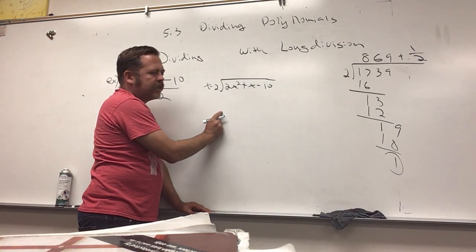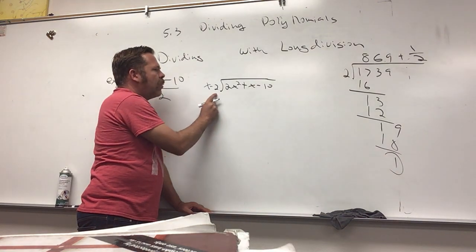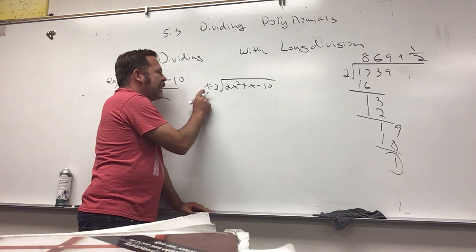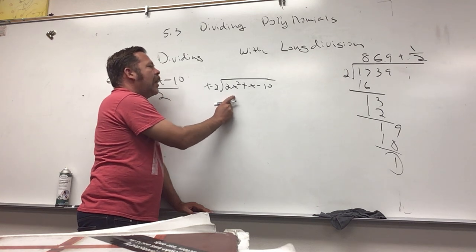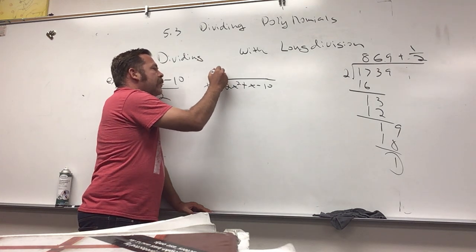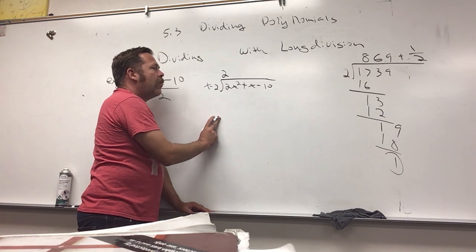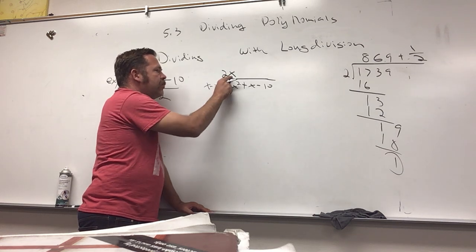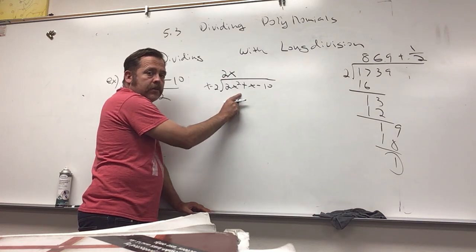What would I have to multiply x by to get 2x squared? I would need to multiply it by a 2 and also an x, because 2 times x is 2x squared.